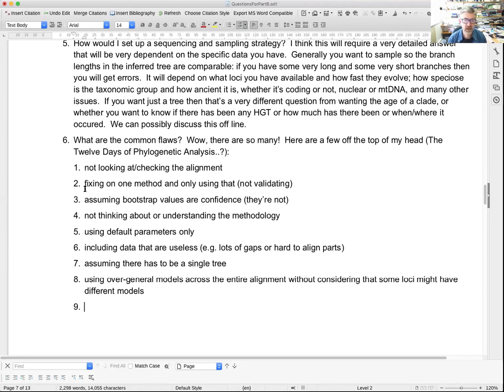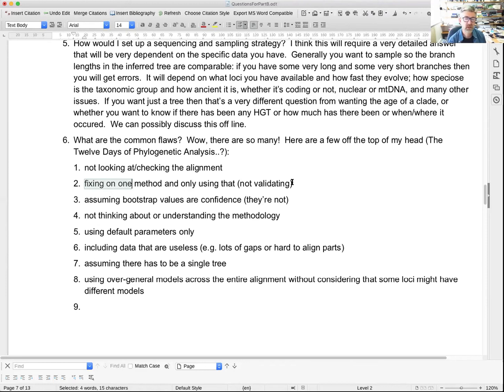There's also another issue, a big one, and you don't see it too often in publications, but you do see it occasionally, it's just fixing on one method. You don't need to do that. Most of these methods will run quite quickly. The things that take a long time are Bayesian analysis using something like BEAST. Even though BEAST is tremendously efficient, it does a lot of work to give you an output.